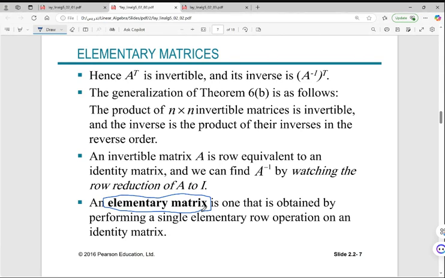We had row replacement. In row replacement, you replace a row by the sum of that row and a multiplication of another row. This is called row replacement.